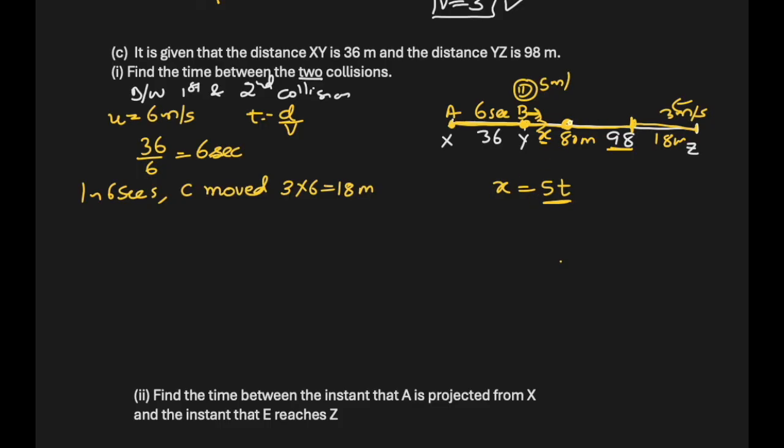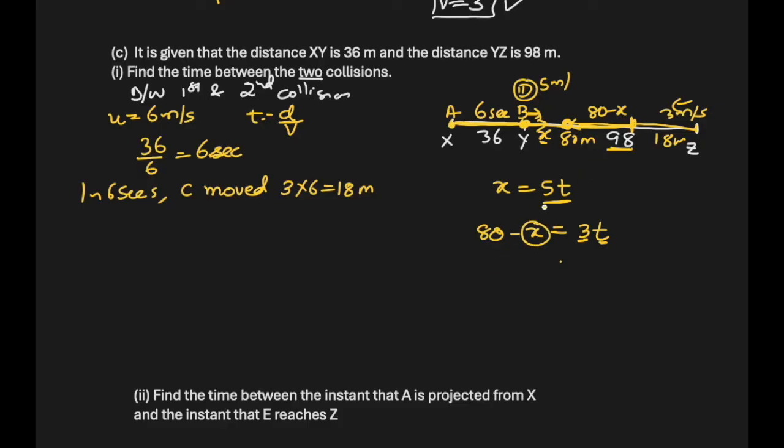Now the remaining distance will be traveled by C, which will be 80 minus x, because we came to know that from here till here is 80 meters. So the remaining distance will be traveled by particle C in this direction. So 80 minus x will be equal to 3t, isn't it? 3 is the speed and t is the same time they are traveling the respective distances.